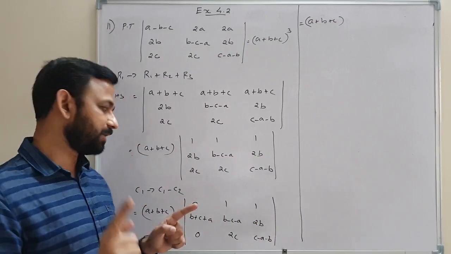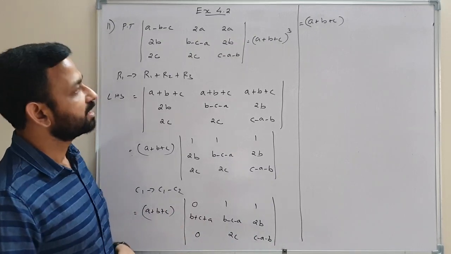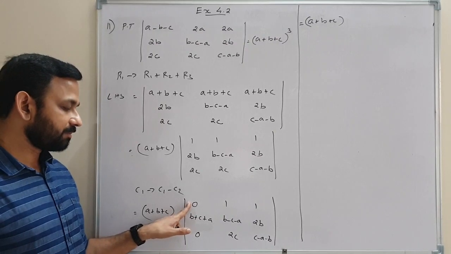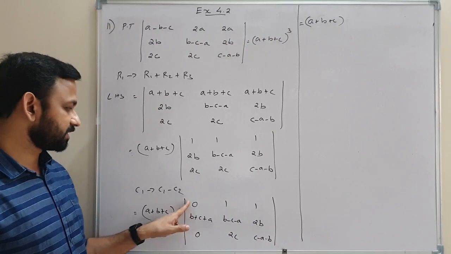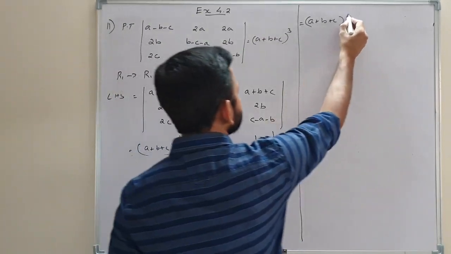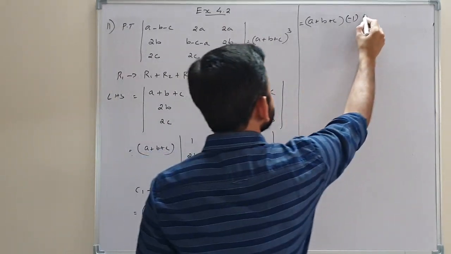When we expand by using b plus c plus a, the first sign is positive, the second one is negative. So we have to keep one negative sign outside: minus 1 into b plus c plus a.